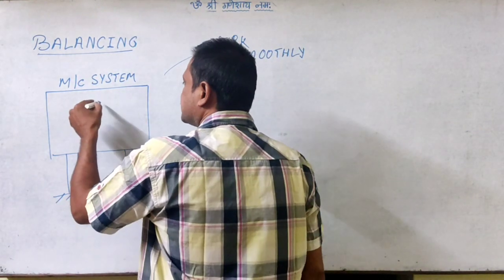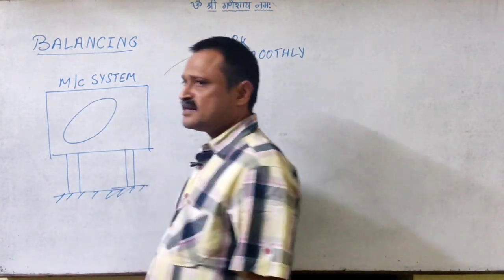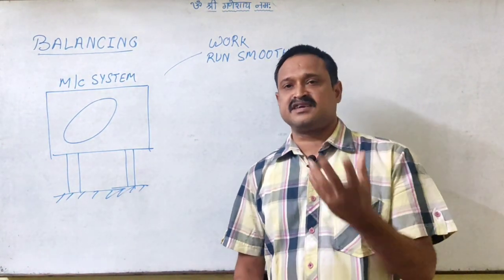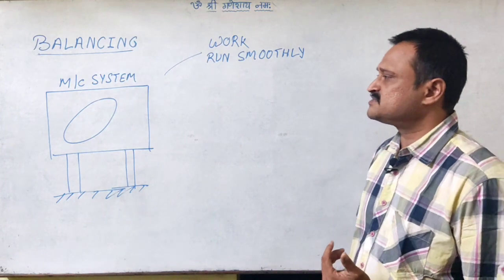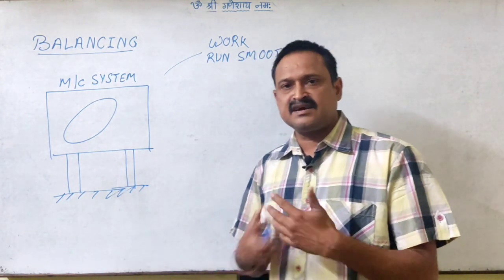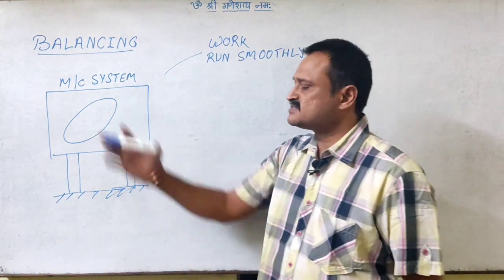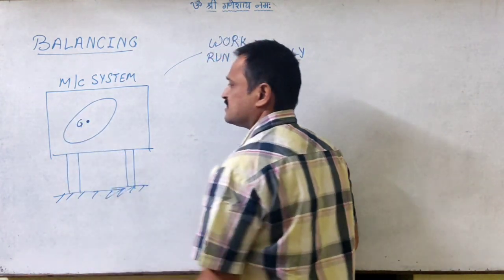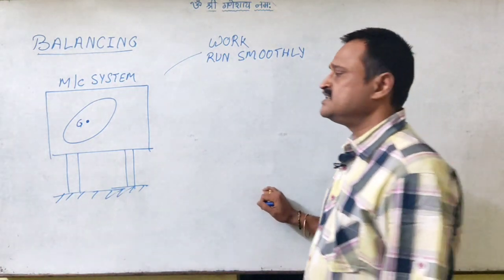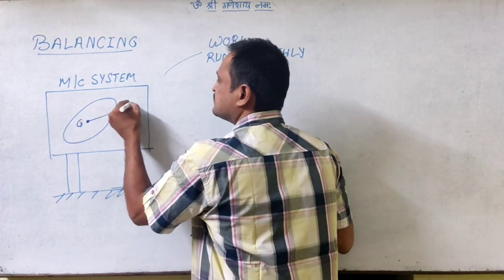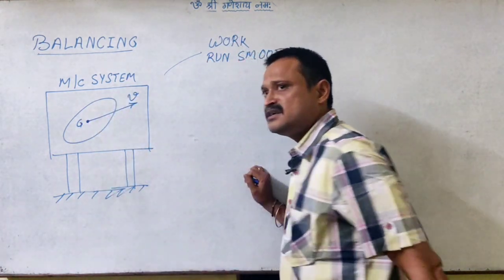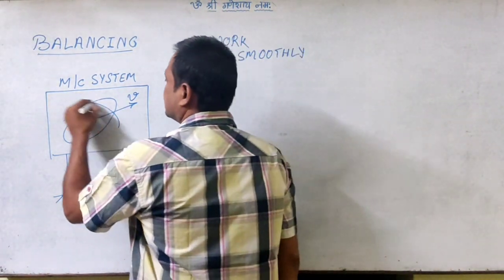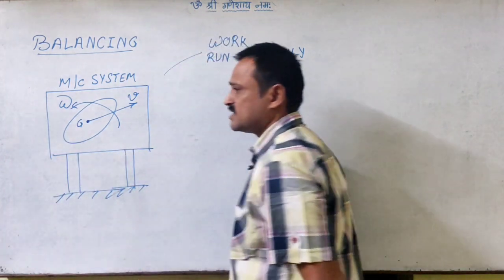Right? Now let us consider one component in this system. So what is happening when the system is running? Now when the system is running, the components have relative motion. So let us consider one component, and let us say the center of mass is at G, and it has a linear velocity, as well as some angular velocity omega.